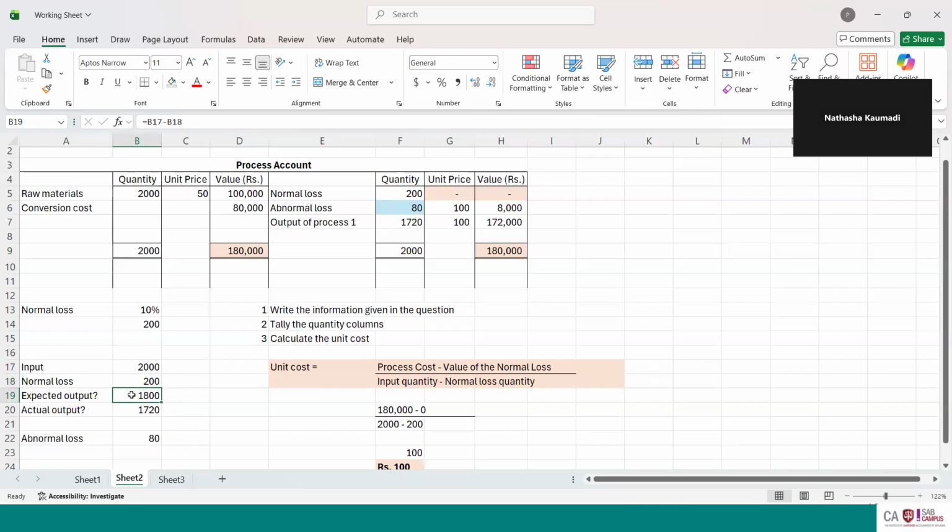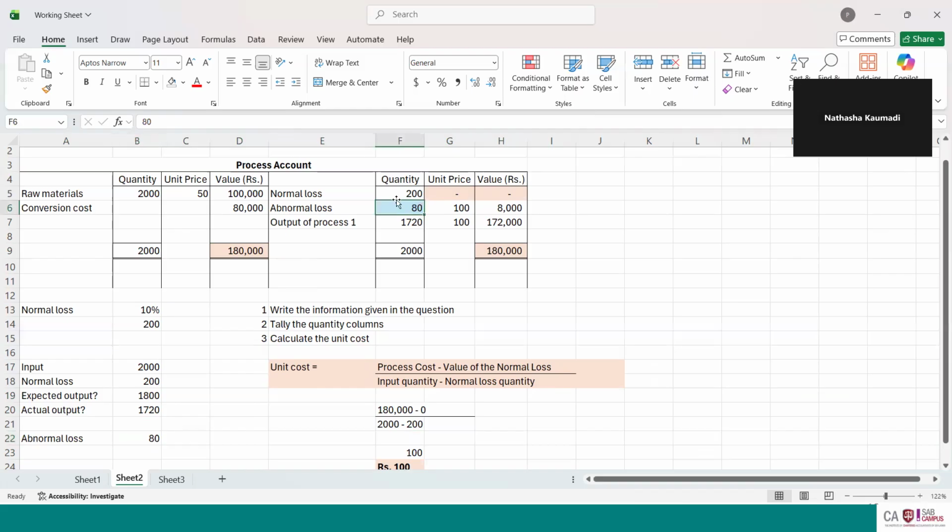We are expecting 1800 kilograms to be our output. And then we take the actual output. Now we expected 1800, but what is our actual output? It's 1720. Then what has happened? Our expectation is higher than the actual. That means something has gone wrong. That is our abnormal loss, 80 units.